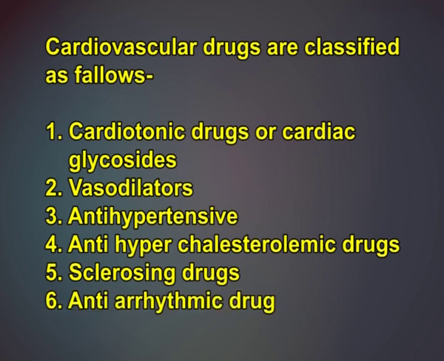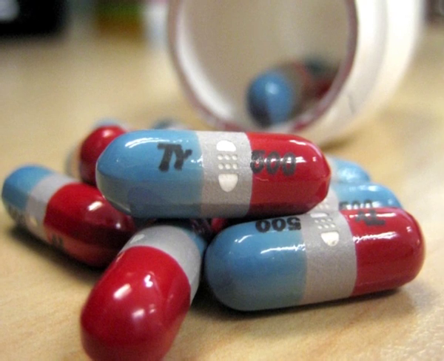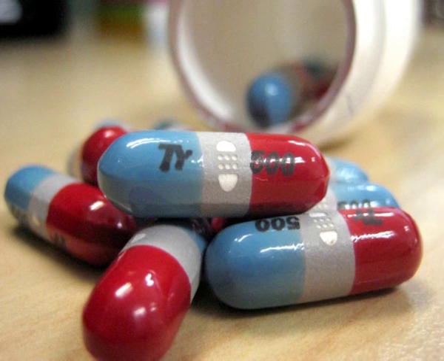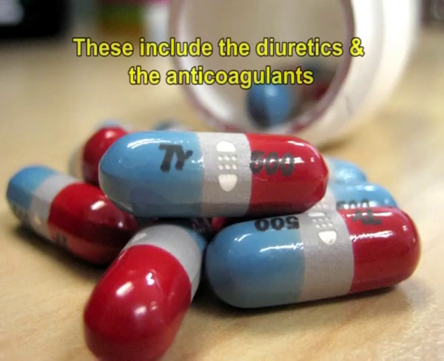Sixth, antiarrhythmic drugs. Besides these, there are other classes of drugs which do not necessarily have a direct effect on the cardiovascular system, but are of considerable value in the treatment of cardiac disease. These include the diuretics and the anticoagulants.